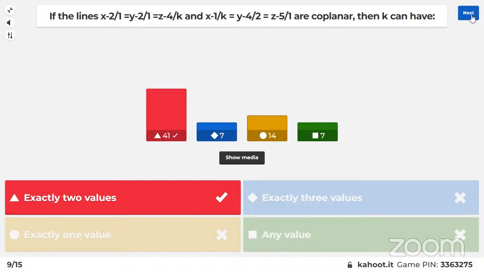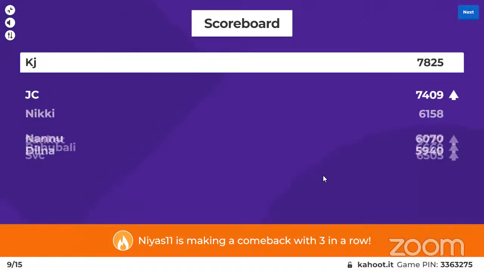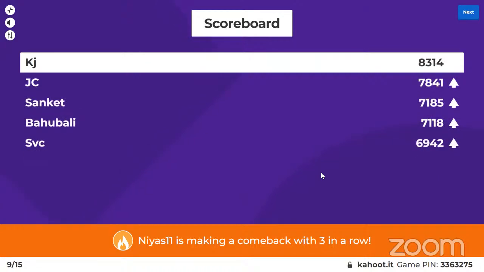Okay, so let's see the scoreboard after this. Again, yes, there are new names on the table, but KJ still stands out in the first position with 8,314 points, and JC with 7,841 points in the second position.